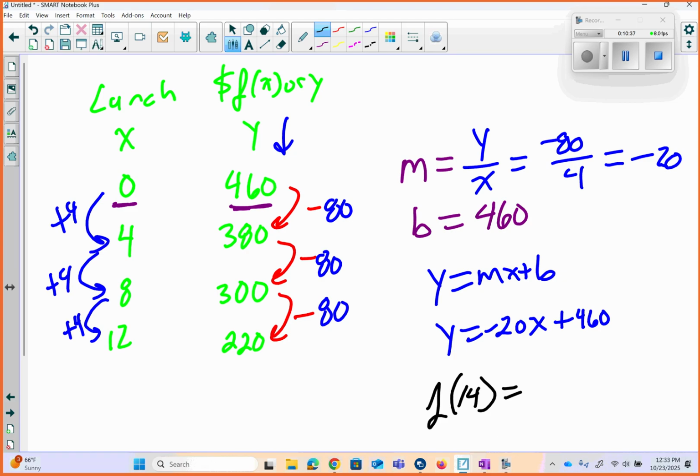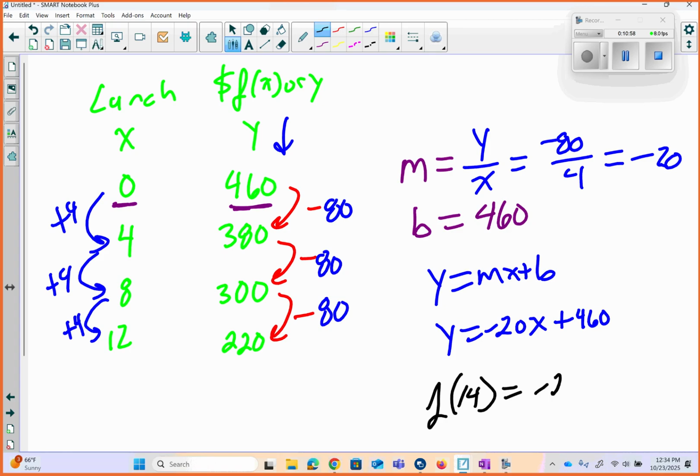All right. Hey, what should I do with that 14? Math stuff. Okay. At least we got out of the English class. I like this. Multiply. Where? 20 times 14. So the negative 20 times 14 and plus 460. Yeah.